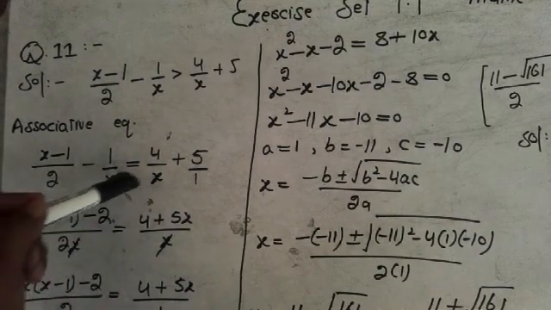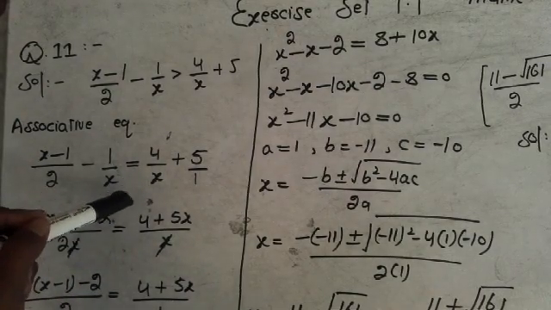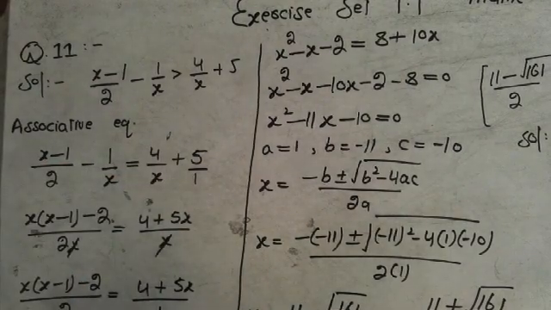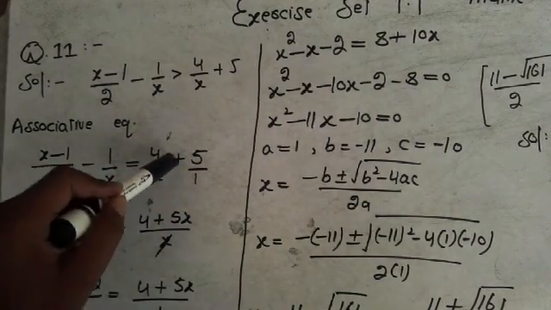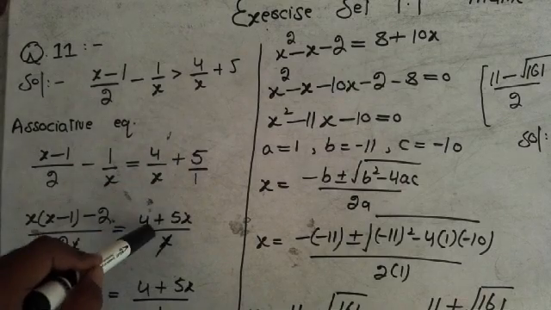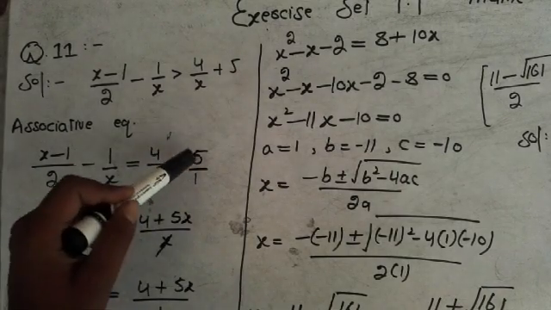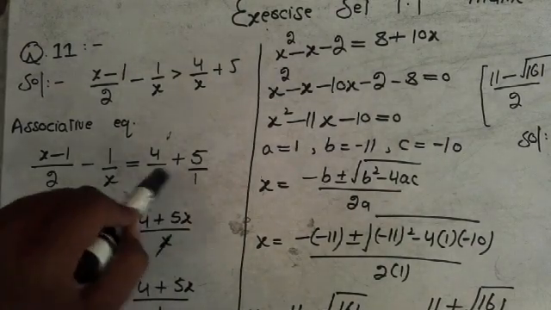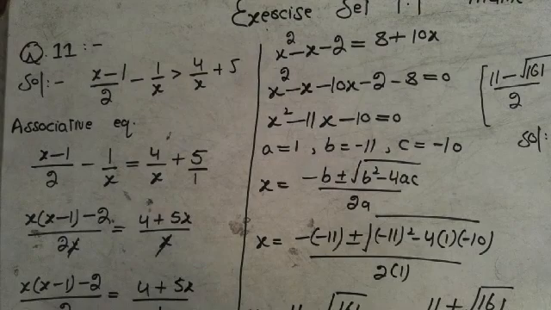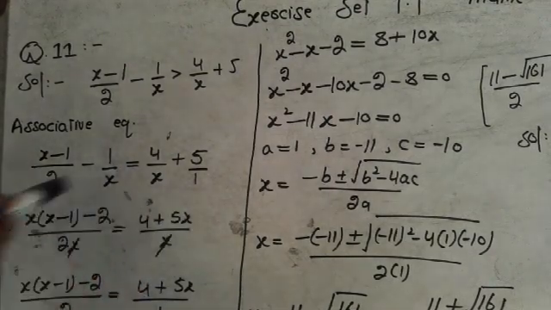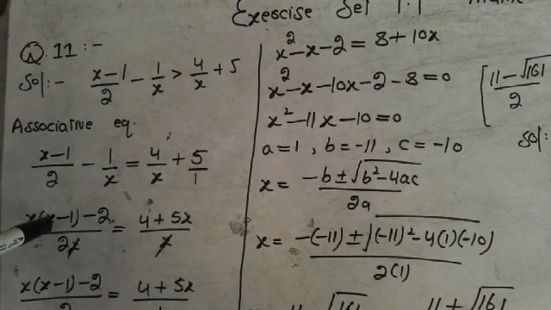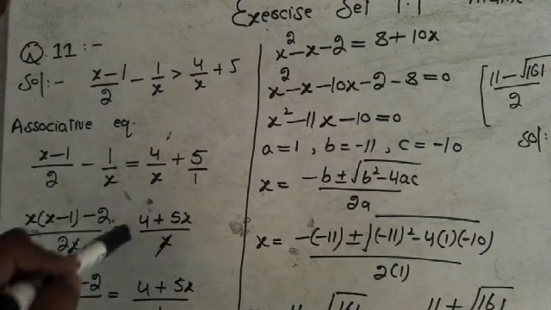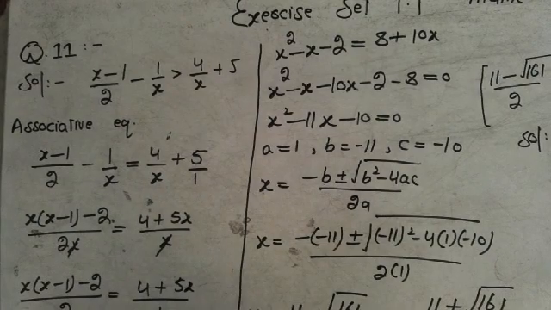which is equal to, here we will do the cross multiply. 4 is multiplying with 1. In the middle there is a plus sign. 5 is multiplying with x. In the denominator x is multiplying with 1, so it becomes x. So the overall equation becomes x into (x minus 1) minus 2, divided by 2x, which is equal to (4 plus 5x) divided by x.